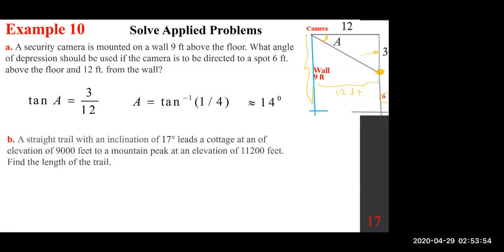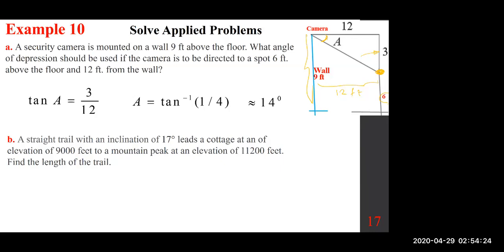So we have 17 degrees of inclination, okay? The place that we are interested in, the cottage, is itself at 9,000 feet, okay? And the mountain peak is at 11,200 feet.